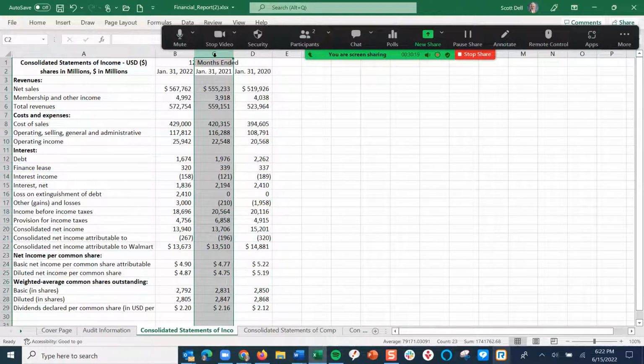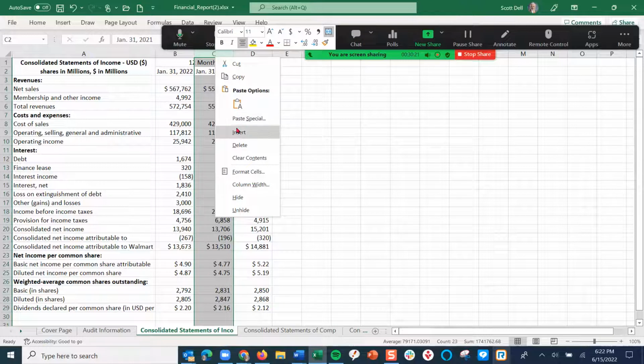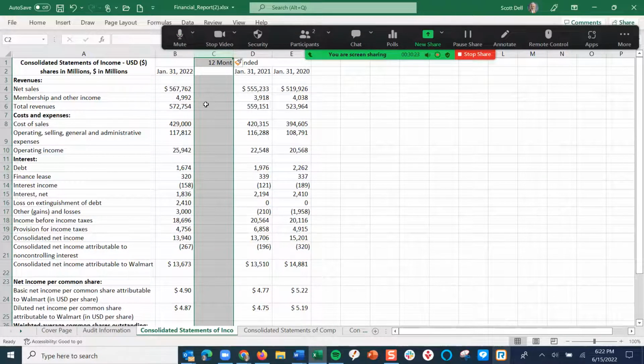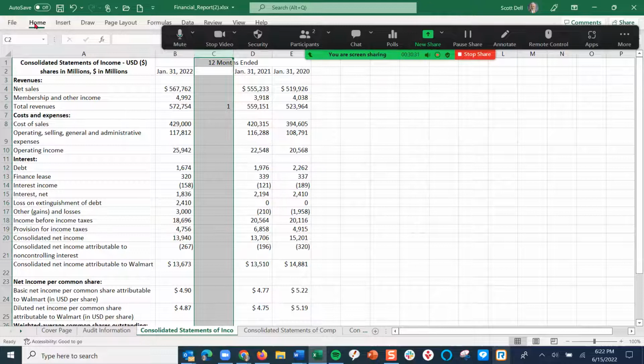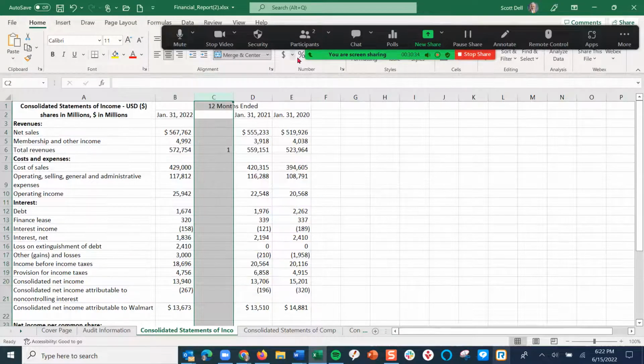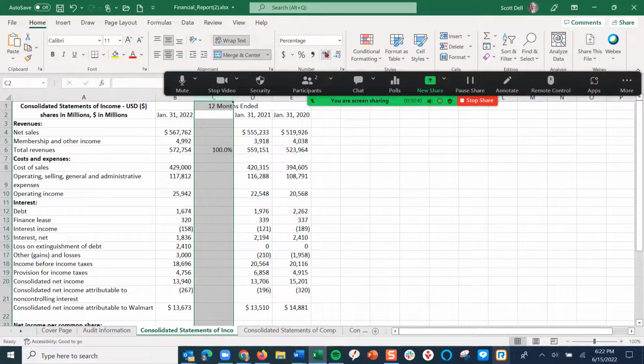I'm going to insert a column here, and I'm going to make total revenue my 100% number. Equals that slash that. Turn this column into a percentage. I'm going to move the decimal over a little bit. One or two decimals is good.